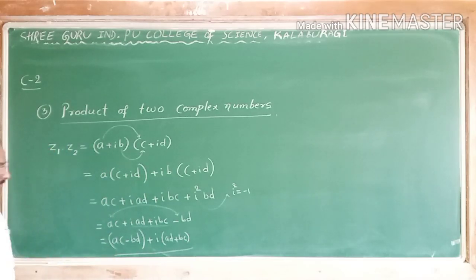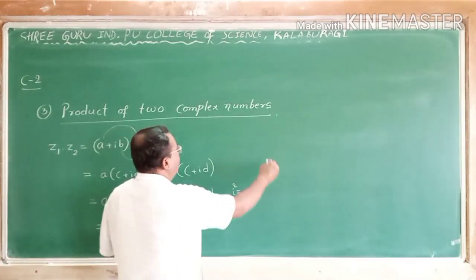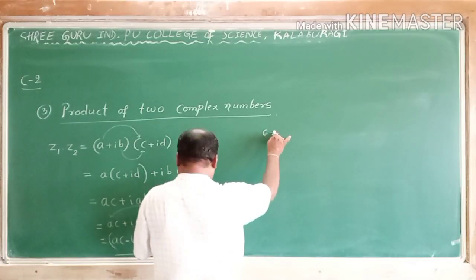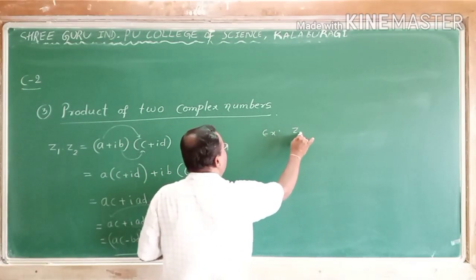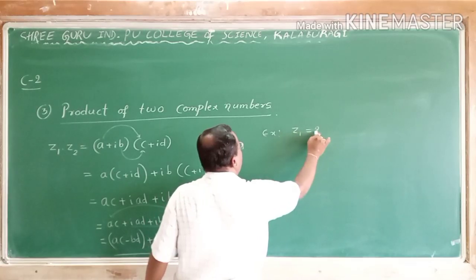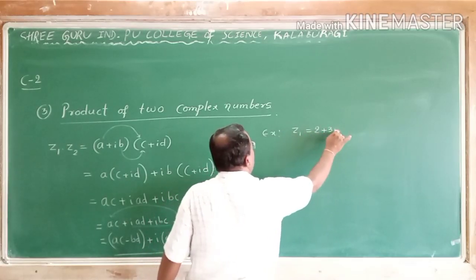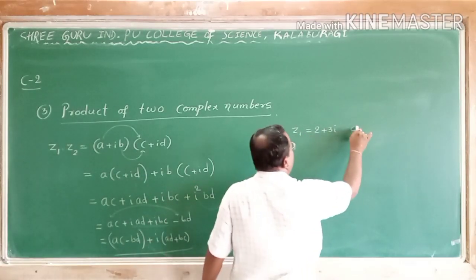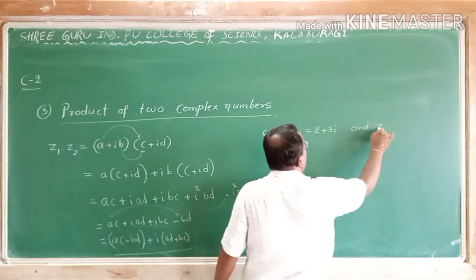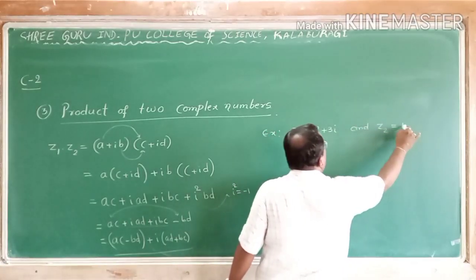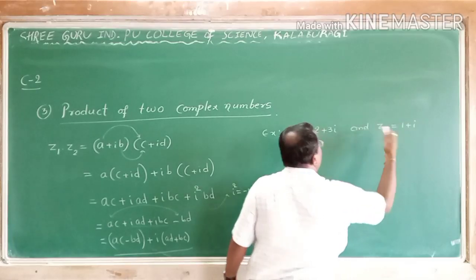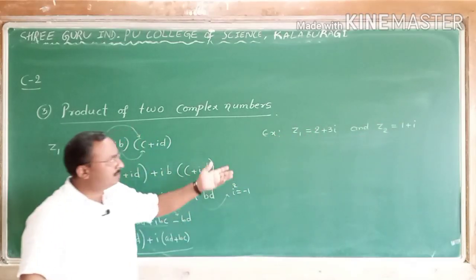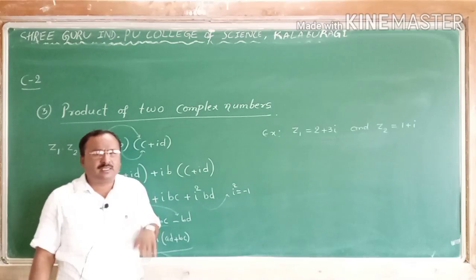Take one example. Example is what? Z1 is equal to 2 plus 3i and z2 is equal to 1 plus i. Addition, subtraction, same example. In multiplication also, take any complex numbers.